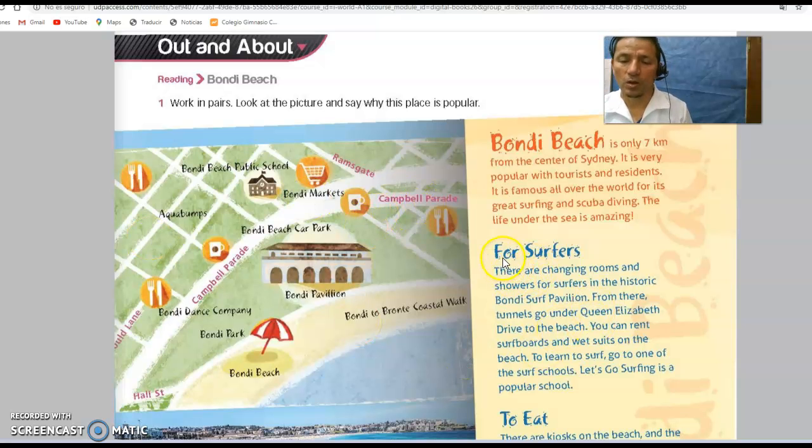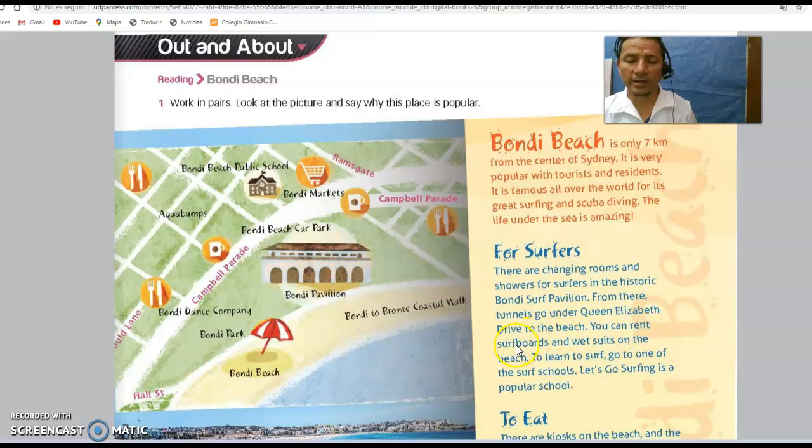Continue. For surfers, there are changing rooms and showers for surfers in the historic Bondi Surf Pavilion. From there, tunnels go under the Queen Elizabeth Drive to the beach.